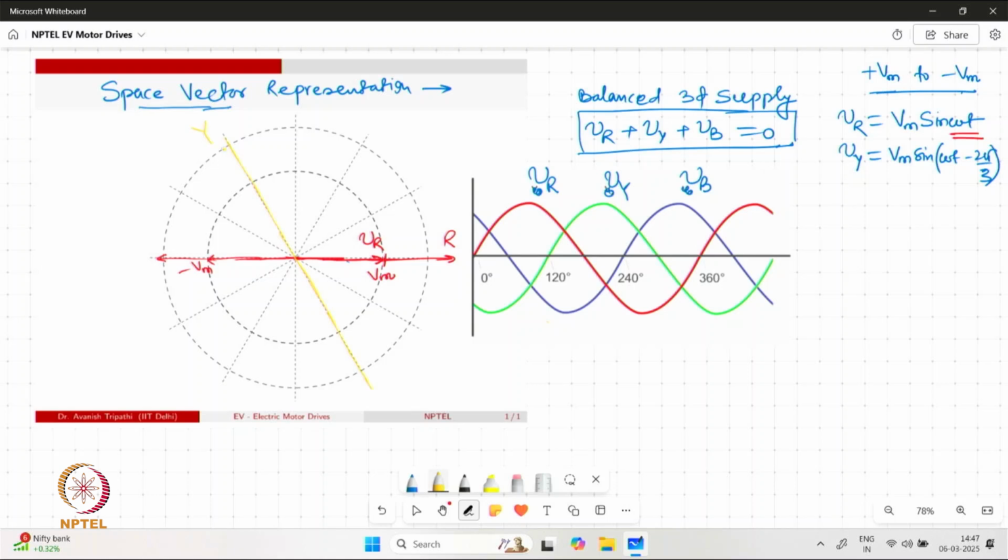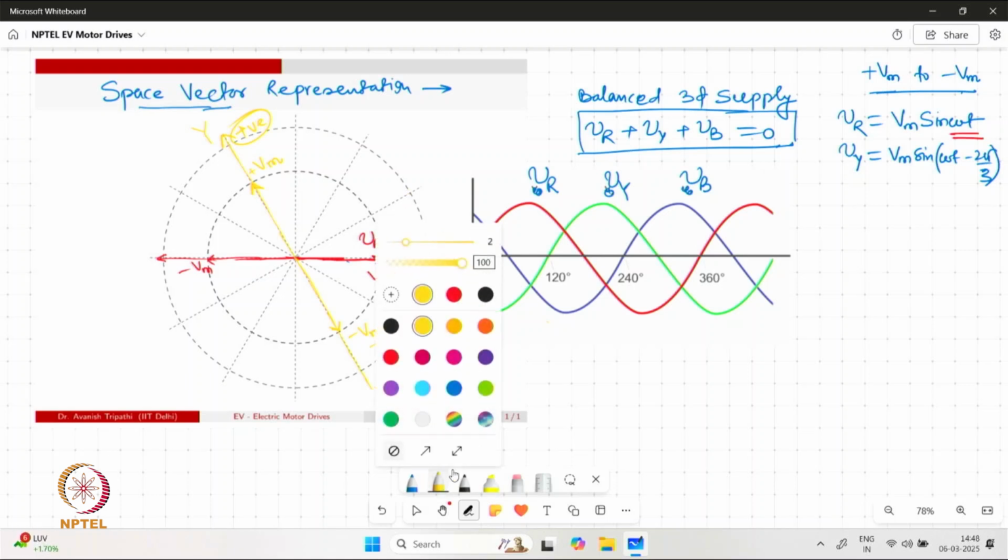So along this axis, this can be considered as the Y axis, and once again our vector can assume any magnitude from plus Vm to minus Vm. So this is our positive Y axis side and this is the negative Y axis side. So the vector cannot change its position, it can only change its magnitude along the axis. That is the representation given to it.